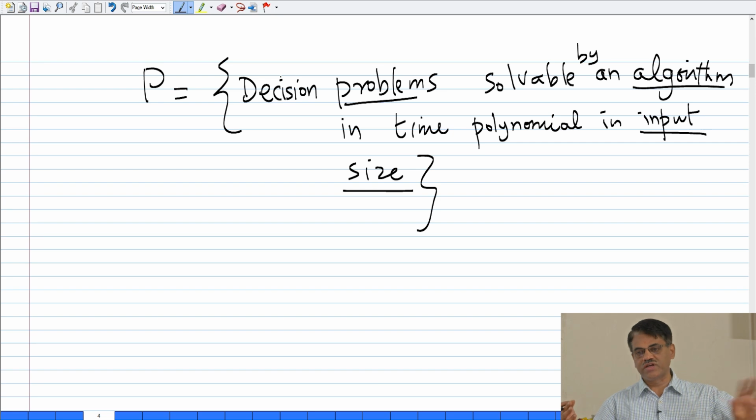So, find the minimum vertex cover is not a decision problem, but it is not a serious restriction. Typically, we are interested in optimization problems, like minimum vertex cover. But suppose I have an algorithm for a decision version of the problem: given a graph, is there a vertex cover of size k?